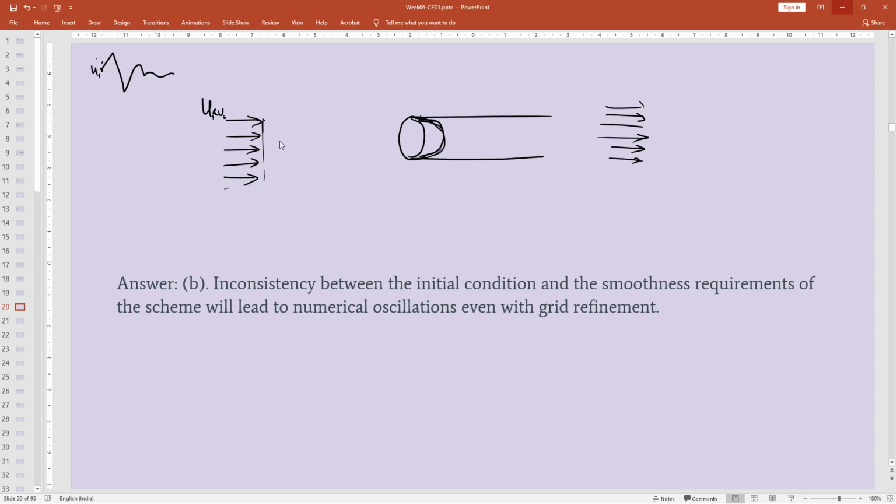We should not give it like this to the pipe, as this initial condition may create some oscillation. Therefore, we should convert it into a fully developed, parabolic velocity profile in space when we give the initial condition.